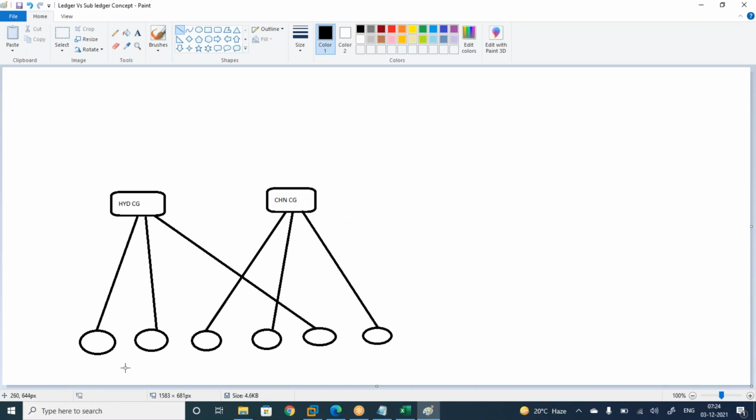So customers are classified into groups: Hyderabad customer group, Chennai customer group, and one more, suppose Bangalore or Mumbai customer group. I have classified them into groups. Now each group is mapped with one ledger account.